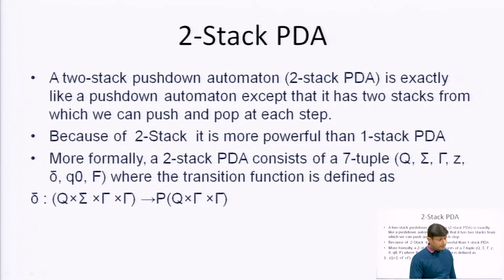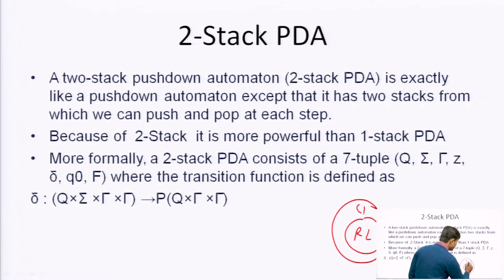So if some language goes to a higher class in the Chomsky hierarchy, we have seen that there is the regular language, then context free language, and then after that context sensitive language.